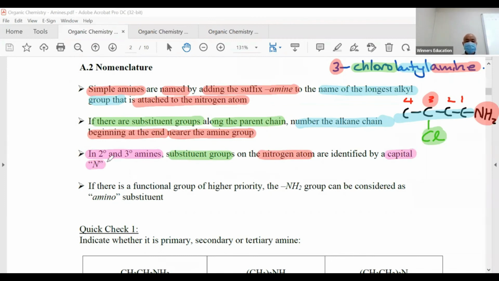Yes, right. One last one here. If there is a functional group of higher priority, the NH2 group is not the main one really. So it becomes a substituent. We learn in chapter 1. It will therefore be known as amino substituent.